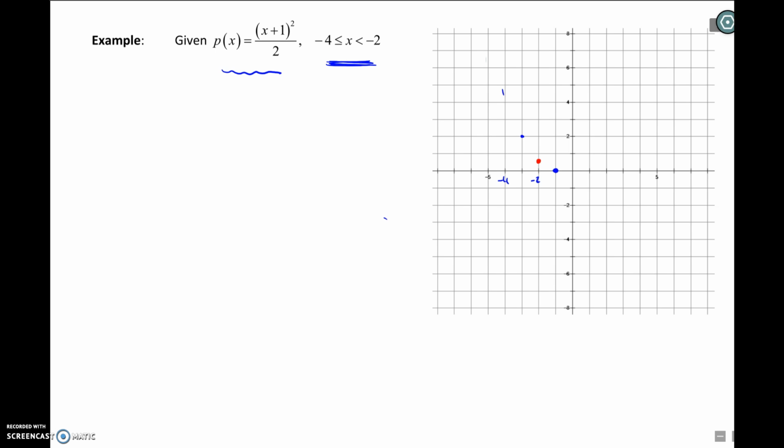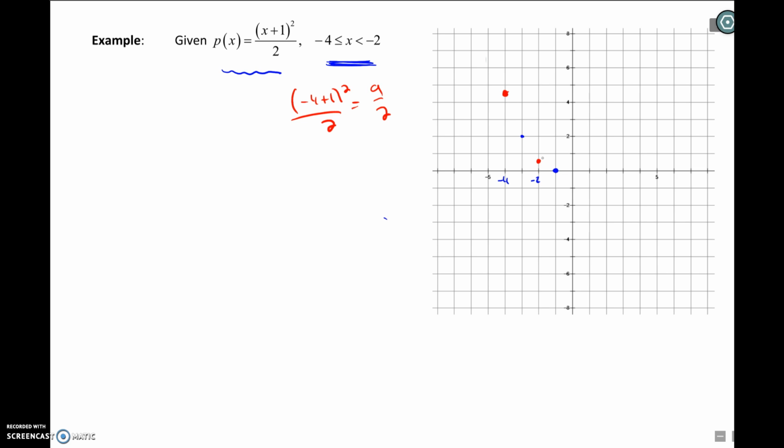Well, does it matter? That is the question. Well, let's just plug in a -4 and see what we get. If I plug in a -4 into this function, (-4 plus 1) squared over 2, that is -3 squared is 9 over 2, so 9 over 2 is 4.5. So at -4, it's going to be up 4.5.